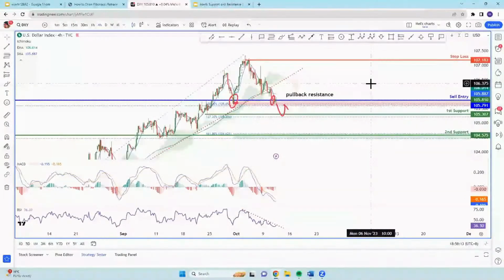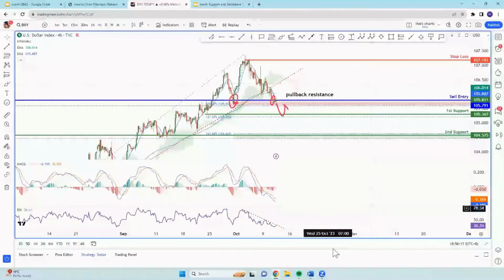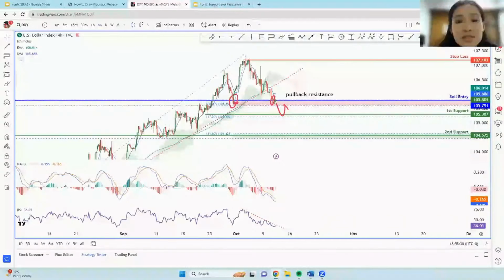Okay. I can see the RSI, which is giving us a bearish tone, and the MACD, correct? Yes, the MACD is also giving us a bearish trend. But for the MACD, I'm not familiar with it.